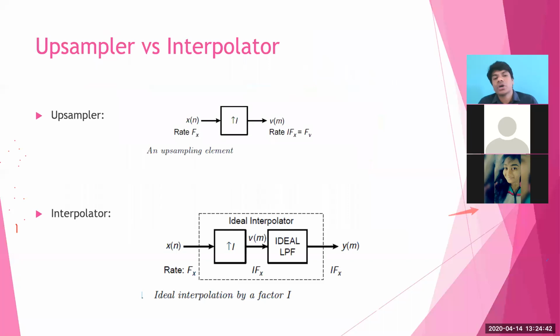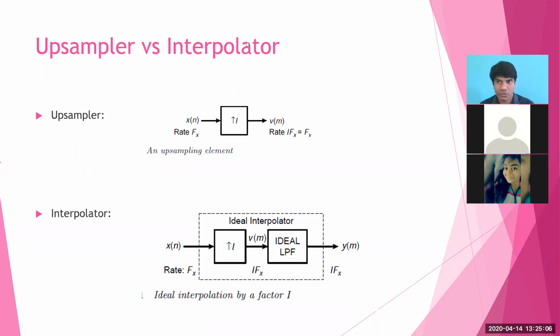Now let's move on to the interpolator. So far we talked about an upsampler. Once again, I'm just repeating it. An upsampler is just a digital system which takes an input x of n with a certain sampling rate, and increases its sampling rate. How does it do that?